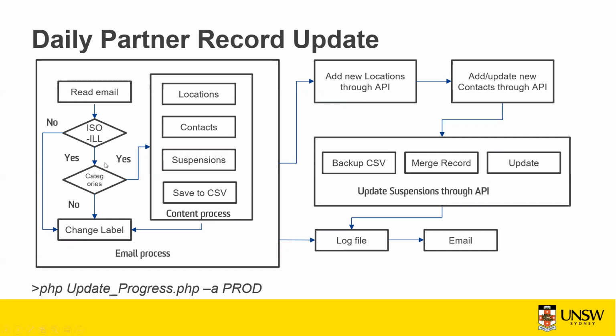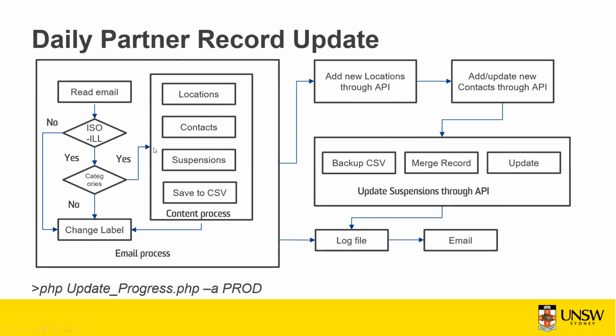If the content is not in the category, we relabel the message as other email. If it does match the category, we move to the content process.